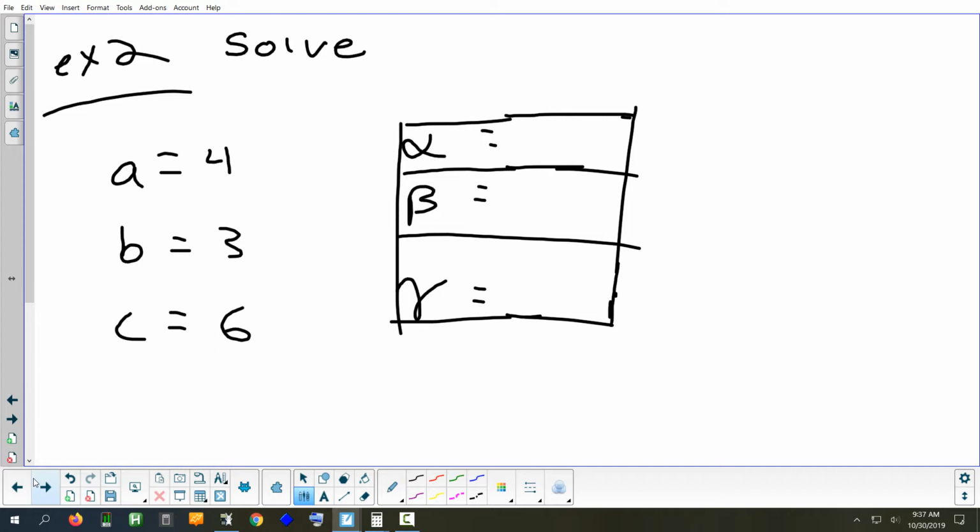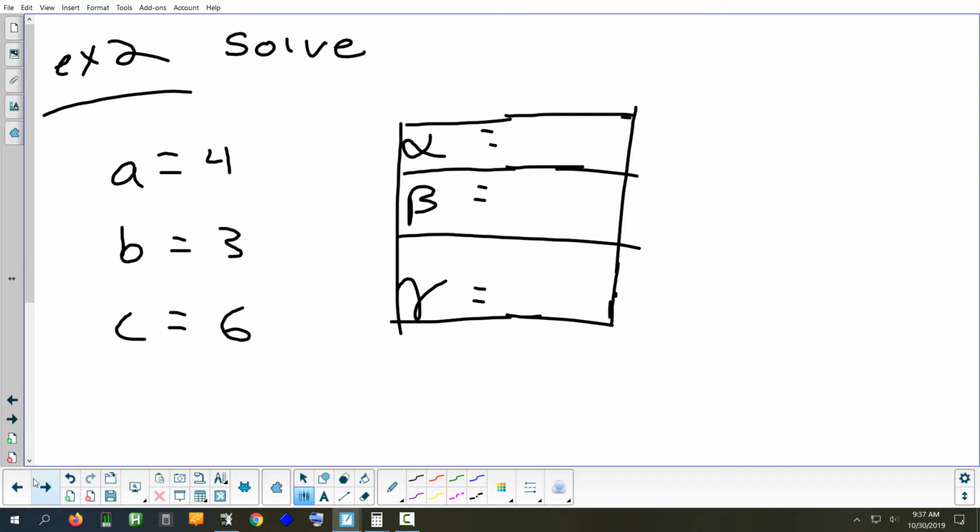When you have side-side-side, you can find any one of them first. So find any one of them you want. How many times are you going to have to do law of cosines at a minimum here? Twice. You have to do it at least twice.